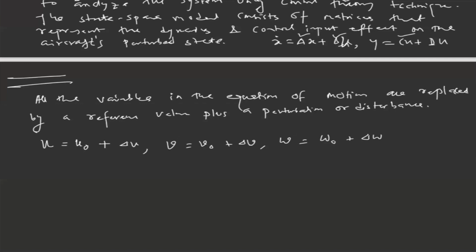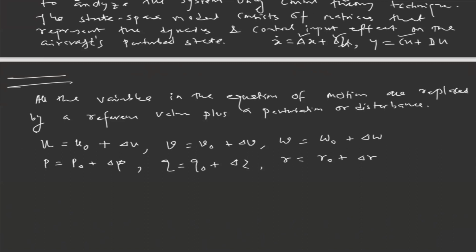And similarly, if you apply the perturbation to the rates, we can write p equal to p naught plus delta p. So p naught is the reference value and delta p is the perturbed part of the variable. And q equal to q naught plus delta q, and r equal to r naught plus delta r.